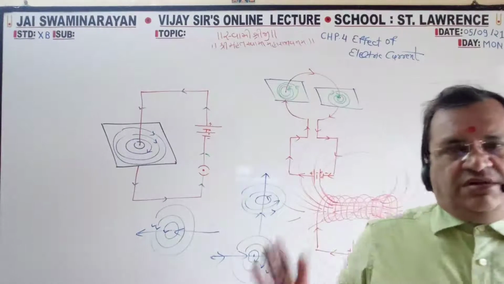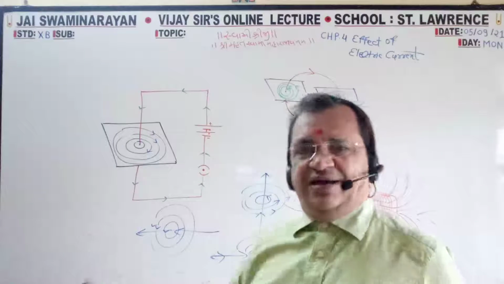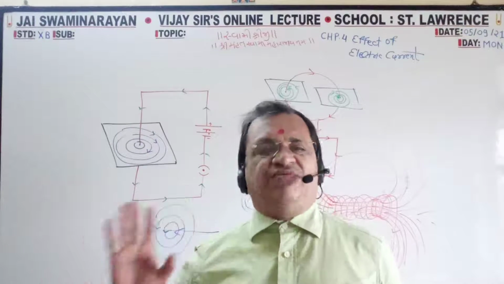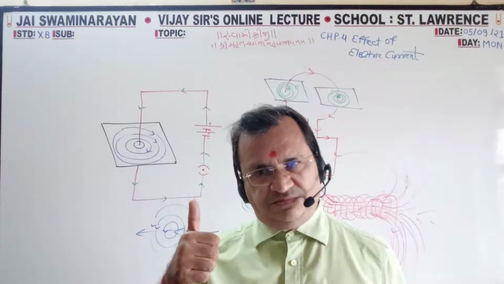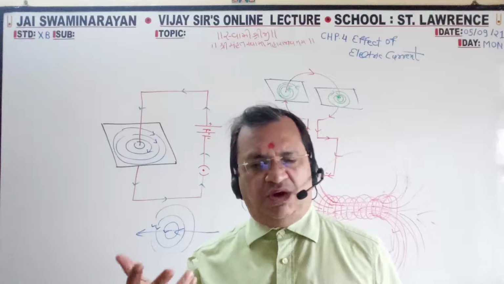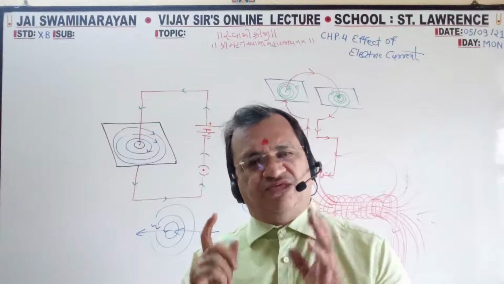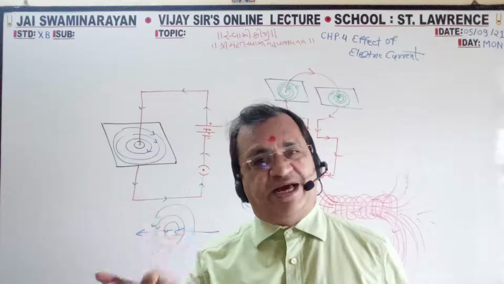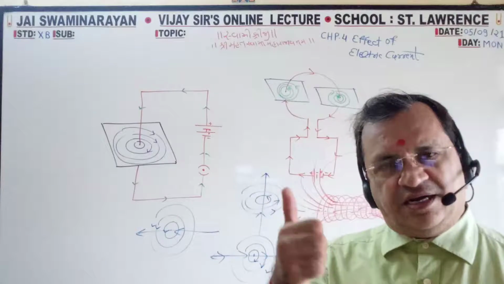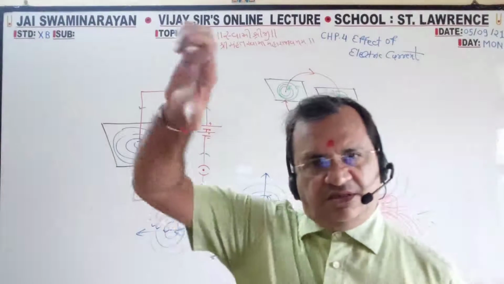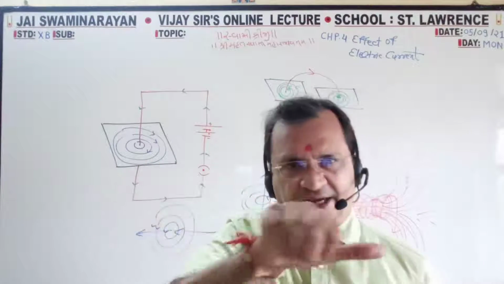Right hand rule with a single wire, we learned exactly what the right hand thumb rule is. What does the right hand thumb rule mean? The thumb shows the direction of electric current and the curled fingers show the direction of the magnetic field.